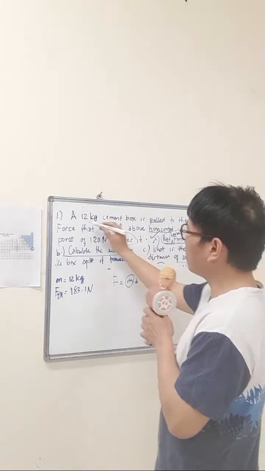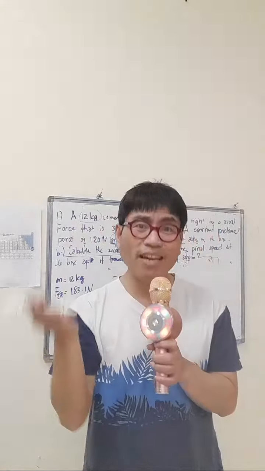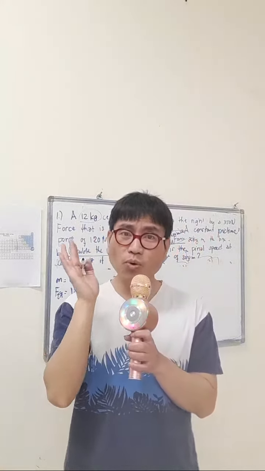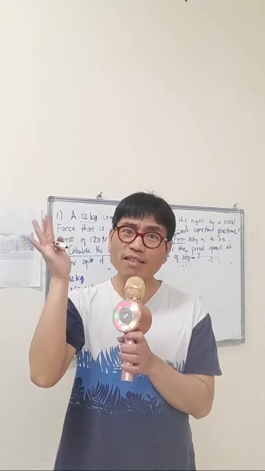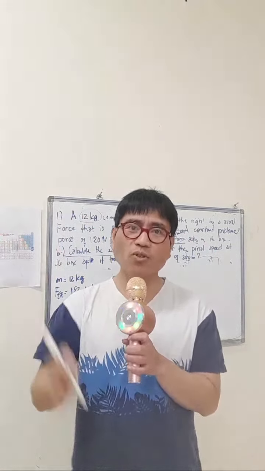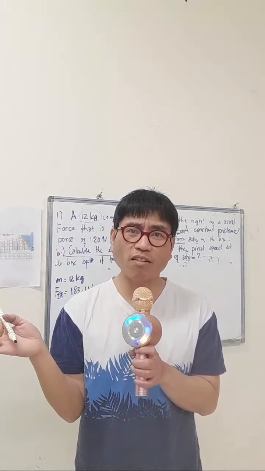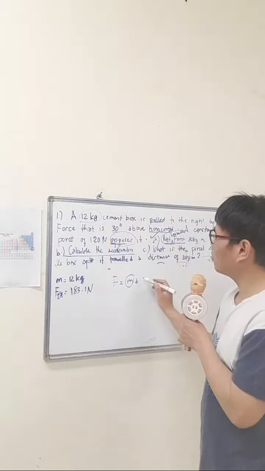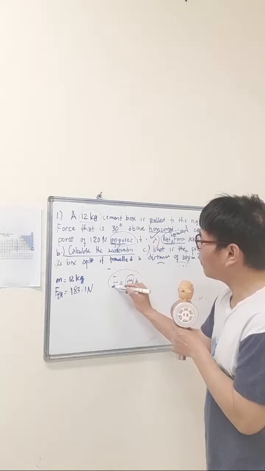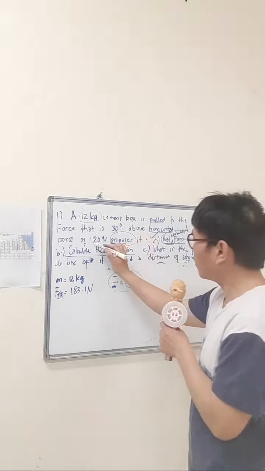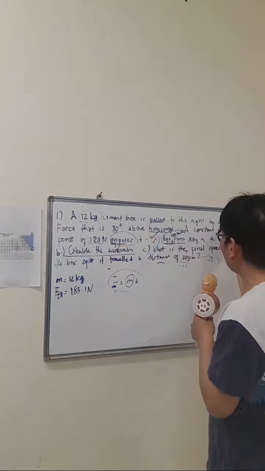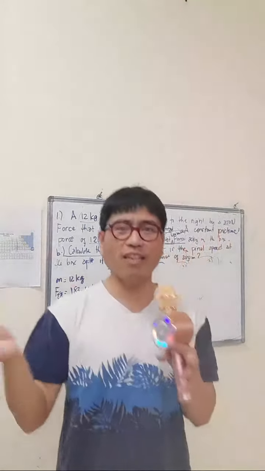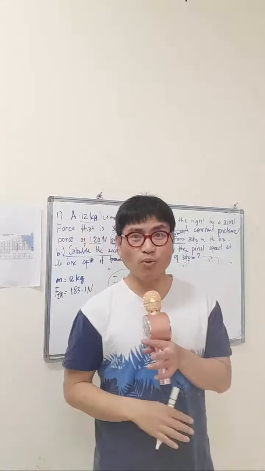Because in the problem we have the mass, there's a relevance of the mass. So I can correlate this to the second law of Isaac Newton. Force is equal to mass times acceleration, and the force is also very obvious. We have the force given in newtons, so this is the perfect equation to be used.